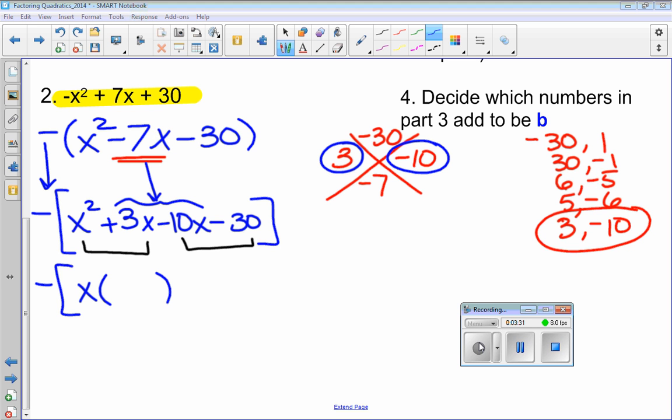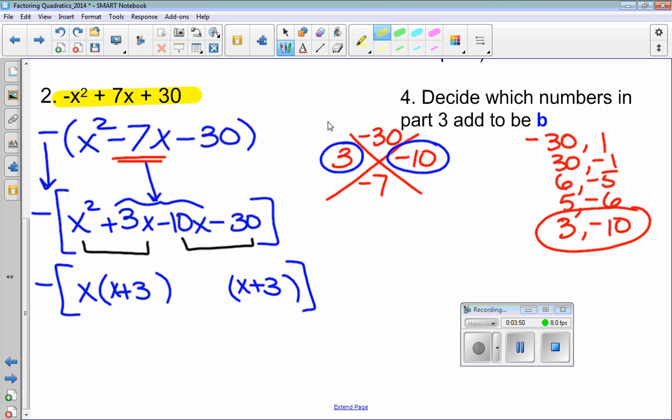So when I take out an x, what am I left with? X plus 3. What absolutely 100% must be in those parentheses with the second pair? X plus 3. Remember that these absolutely 100% must be the same or it's not factorable.